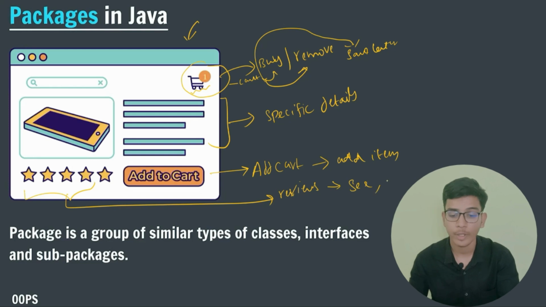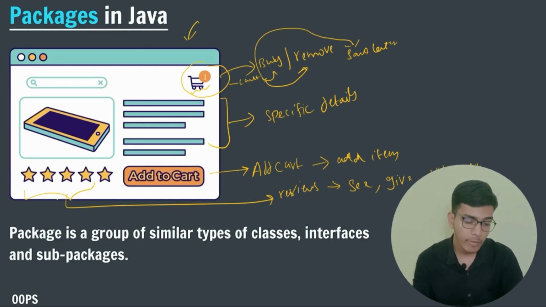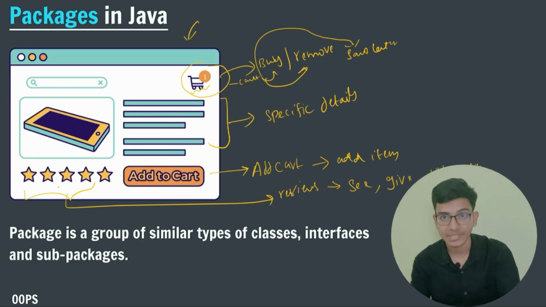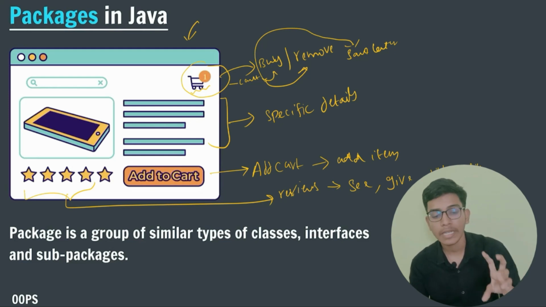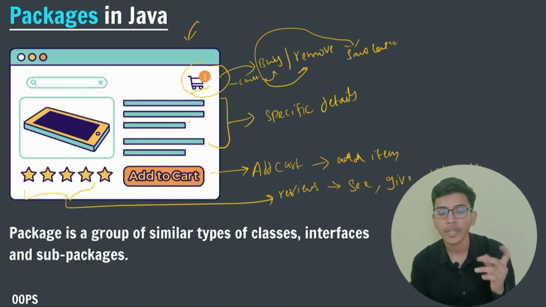We can see the reviews, or we can give the reviews, or we can like the reviews or dislike the reviews, and all those things. So in the review section we can give reviews, see reviews, like reviews, or dislike reviews. Similarly, in the add cart button we can add items, remove items, buy items, or save it for later.